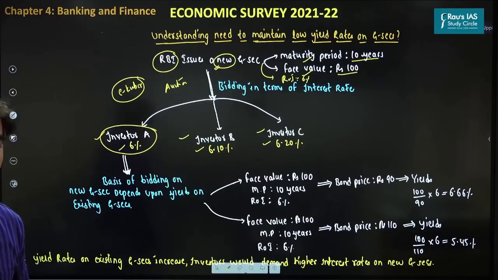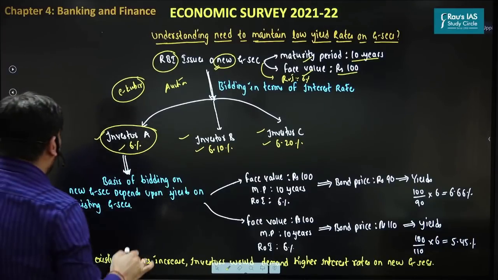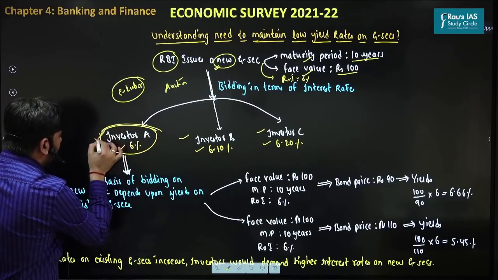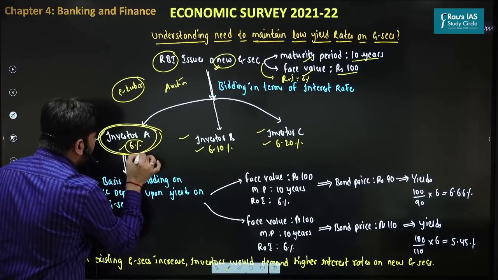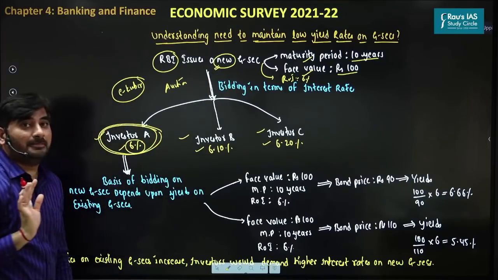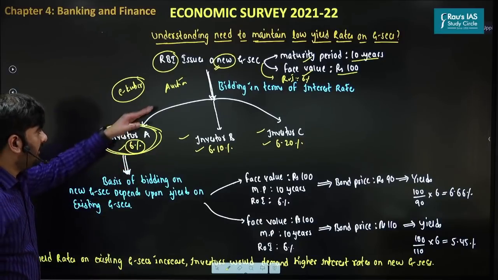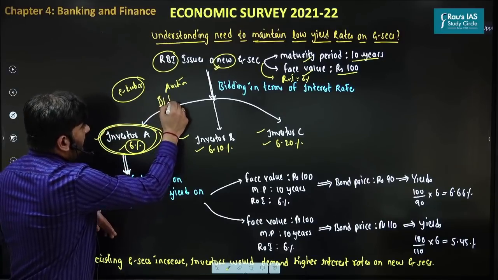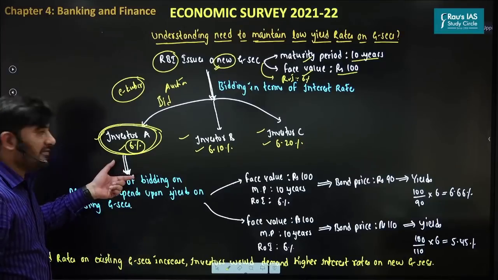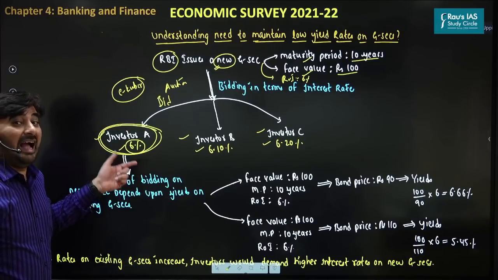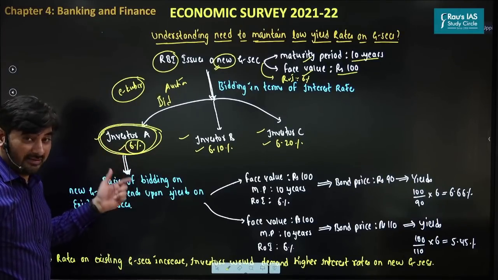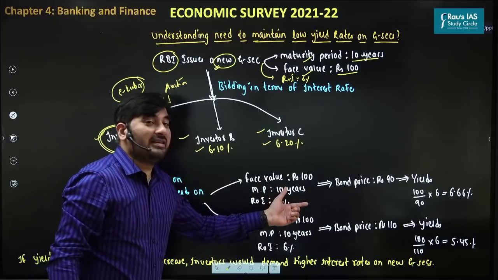Now, the question is, on what basis is this investor asking for 6% rate of interest on the new government security? In order to place a bid, this investor will look at his rate of returns on the existing government security.